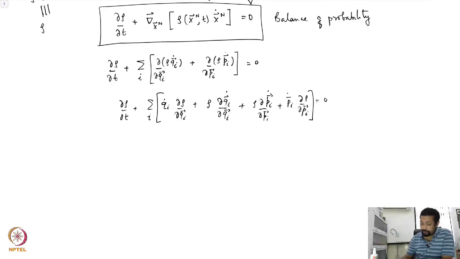Let's collect the terms together. Sum over i. I want to put this term and this term together, so I have qi dot del rho del qi plus pi dot del rho del pi. You will see in a moment why I want to do that.